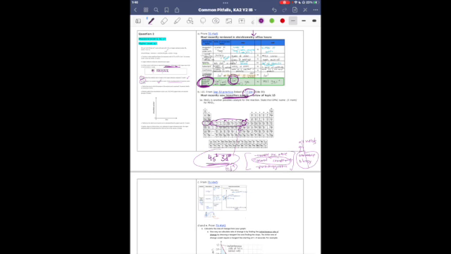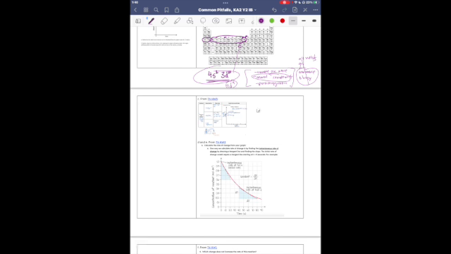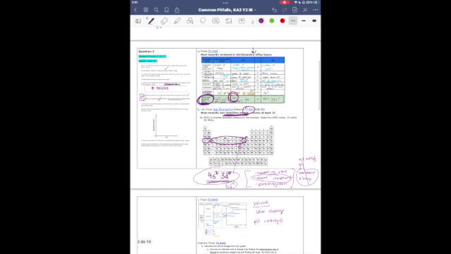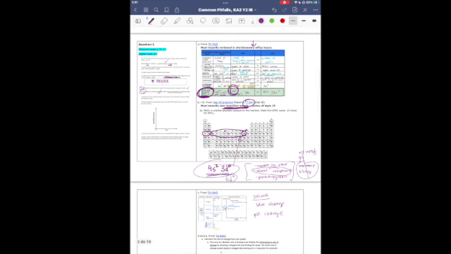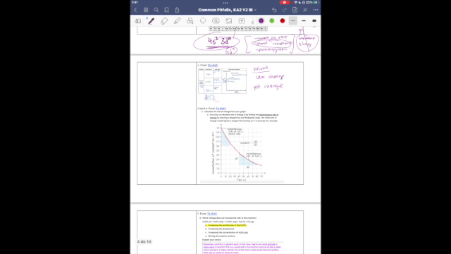So color change, volume, pH change, or change in H plus concentration, which you would have had from having an acid here to having water, which dissociates a lot less. All of those would have been acceptable. Volume of gas produced, I should say.